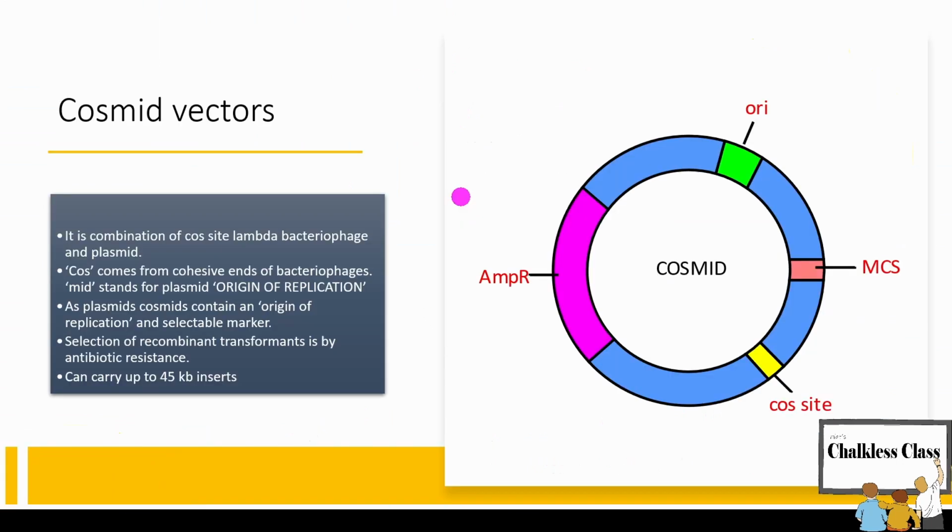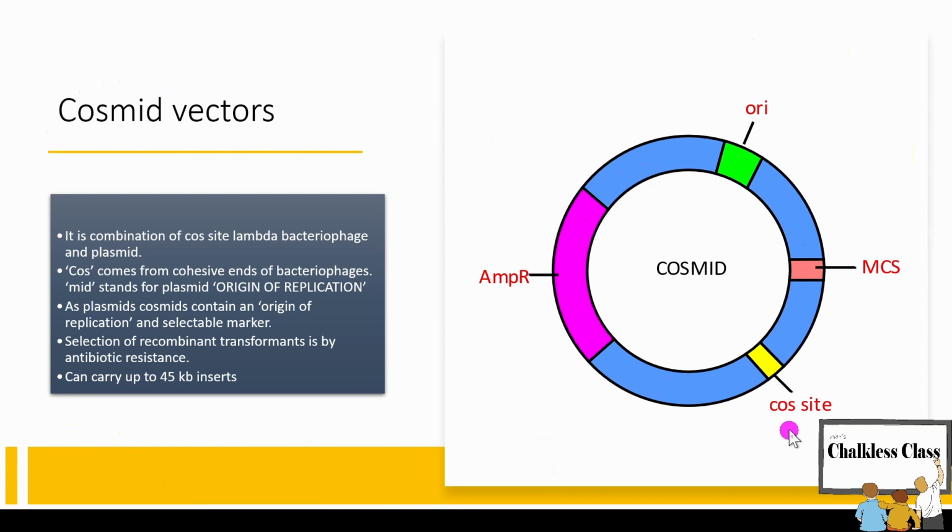Next, cosmid vectors. These are hybrid vectors, resulting from combining the plasmid with the bacteriophage. In the bacteriophage, the cos sites are taken. The rest of the DNA is the plasmid DNA. That plasmid DNA has an ORI site, ampicillin resistance marker, and multiple cloning sites like a normal plasmid. All the essential structures it has.